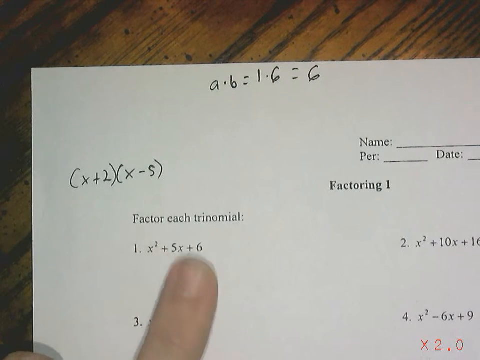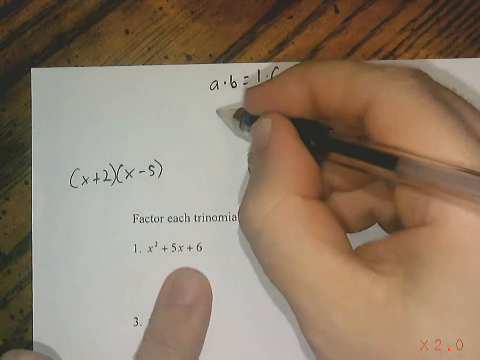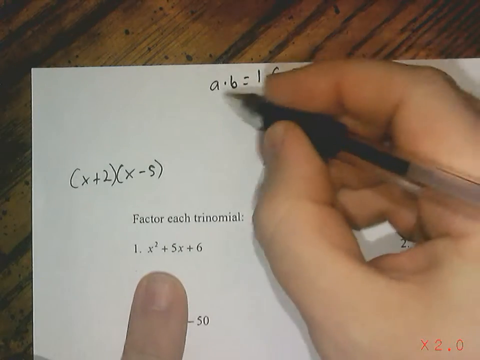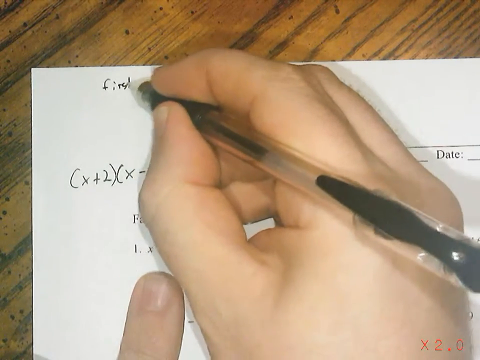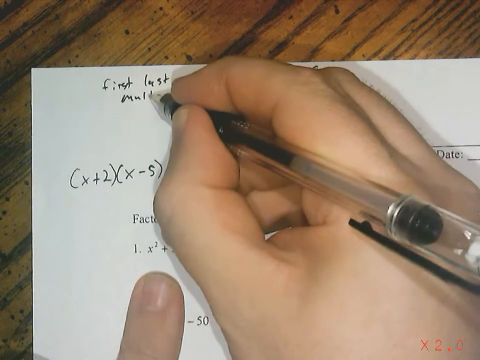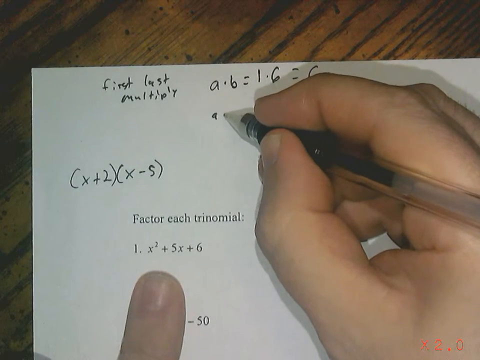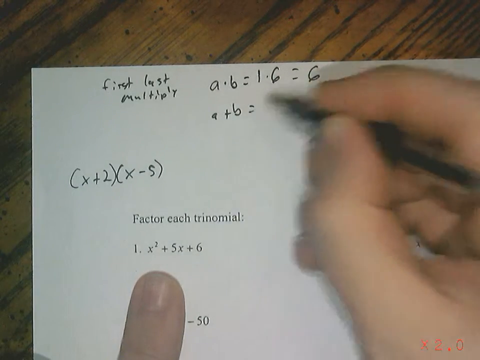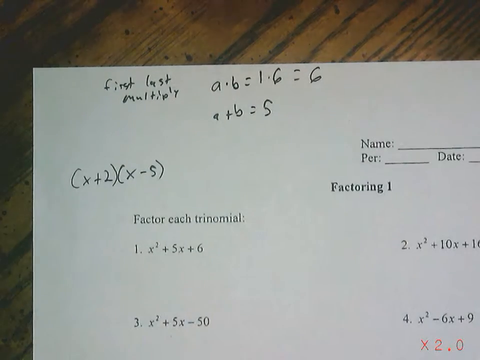Then these two numbers also have to, when you add them together, equal the coefficient of the middle term. So first and last multiply, and then we also need to be able to add them together to get 5.